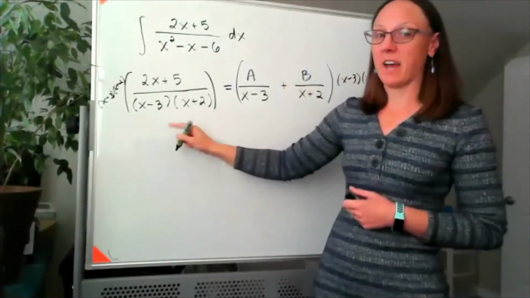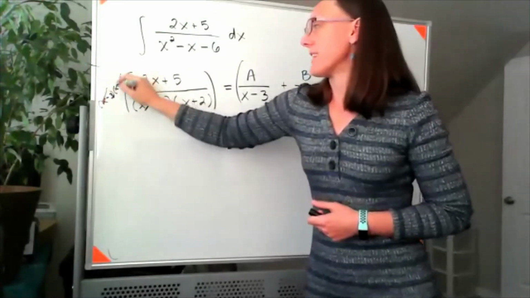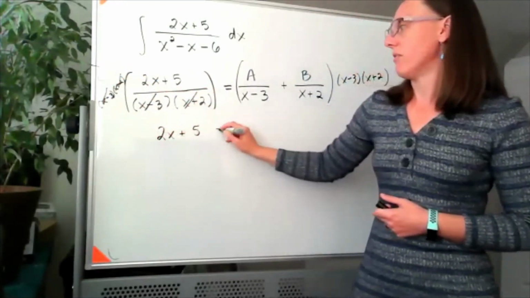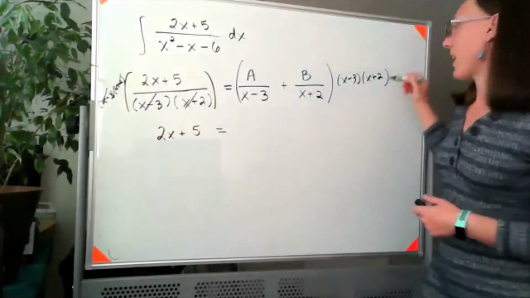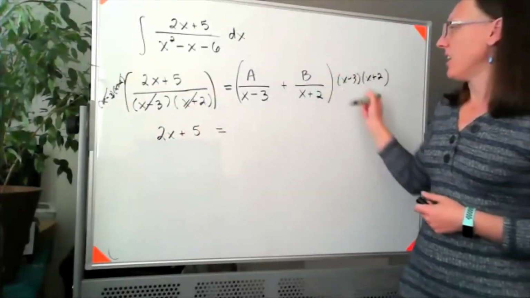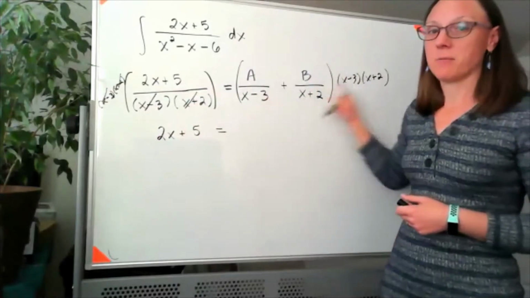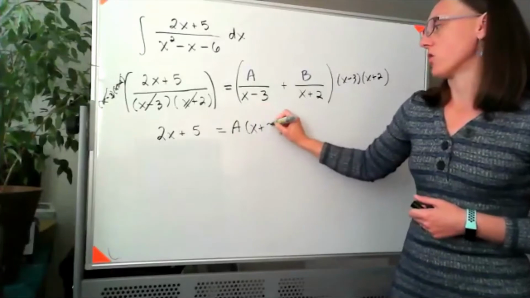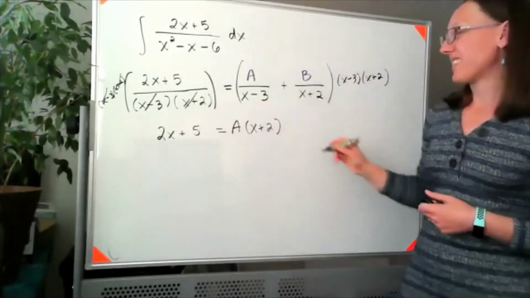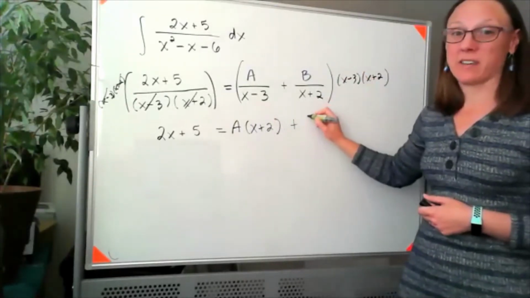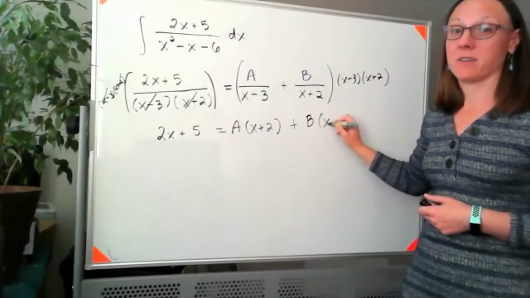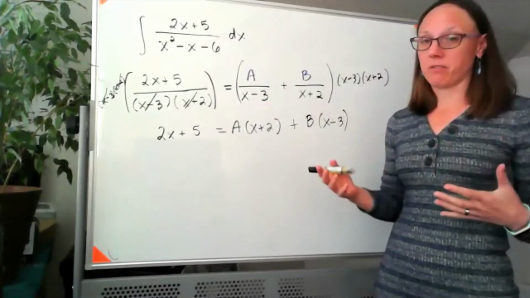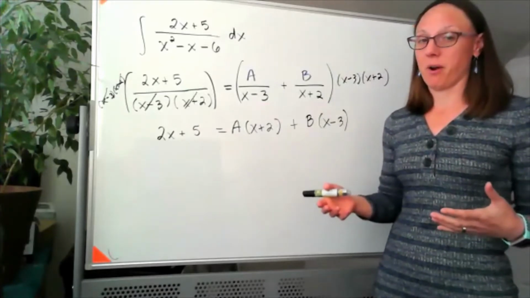On the left-hand side, all of my factors cancel out, and I'm left with 2x plus 5. On the right-hand side, when I distribute into the first piece, the x minus 3's will cancel, but I'll still have the x plus 2. And when I distribute into the second piece, the x plus 2's cancel, but I still have the x minus 3. So this is where the 2 different versions of finishing this off come from.